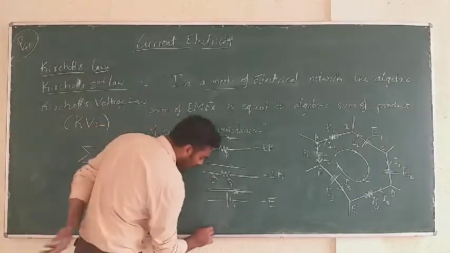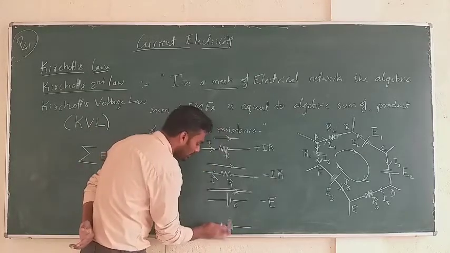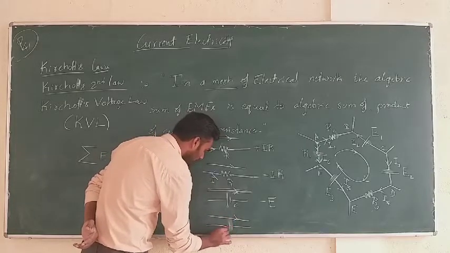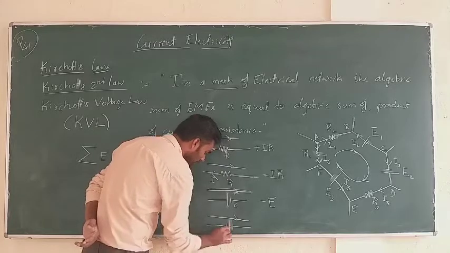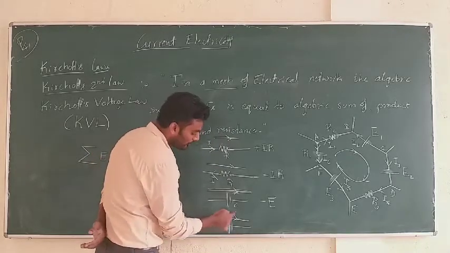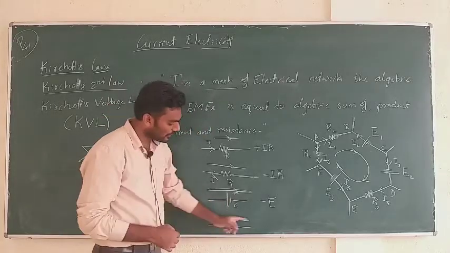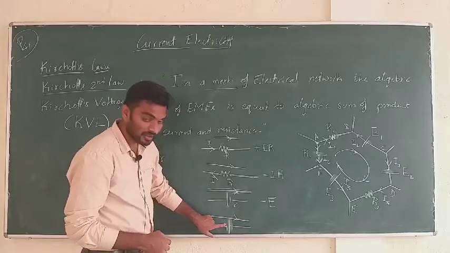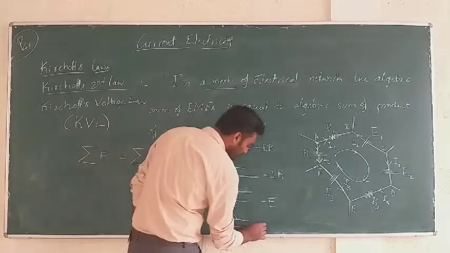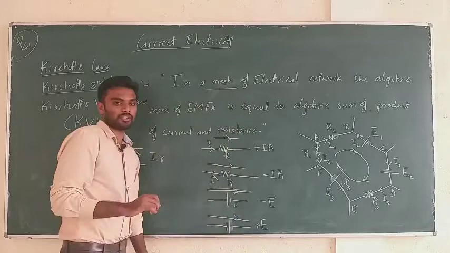And exactly the opposite way, if you have the direction of traversal like this, and this time you first approach the negative terminal of the cell and then approach the positive terminal of the cell, then in this particular situation, you should consider the EMF to be positive.